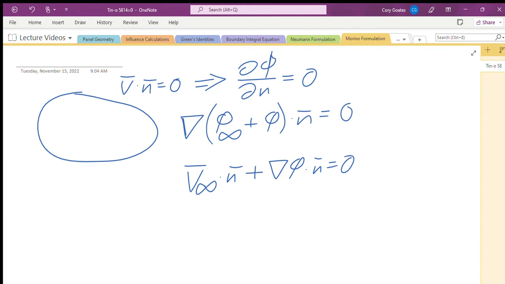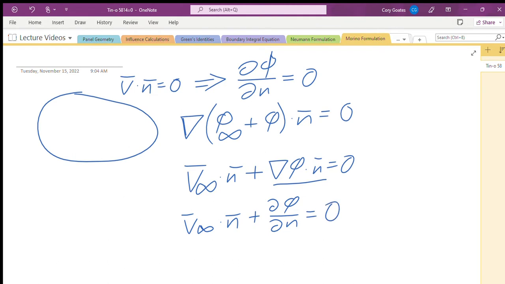We're then going to write this term in terms of a partial derivative, and we get V infinity dotted with n plus partial phi partial n is equal to 0.